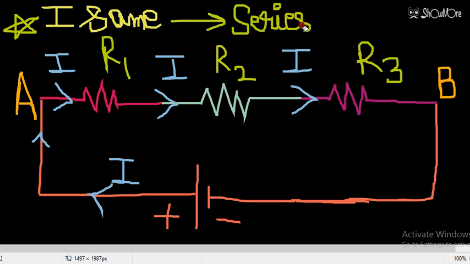So I hope this very basic diagram is clear. Now I am going to draw one more diagram. Sushil sir has also discussed this in the class. Another circuit is given to me.